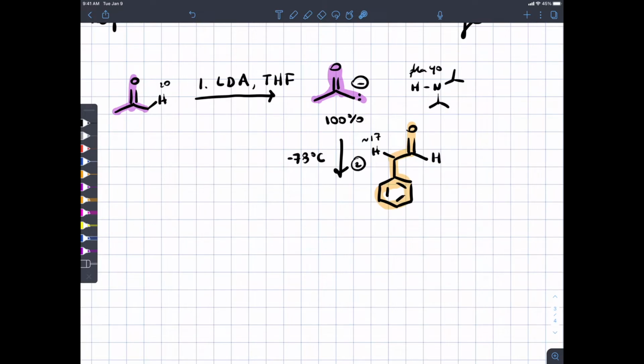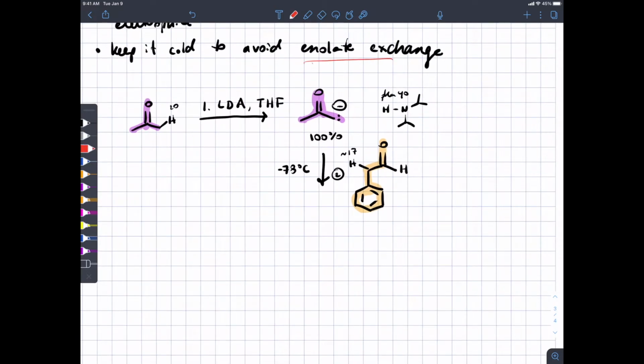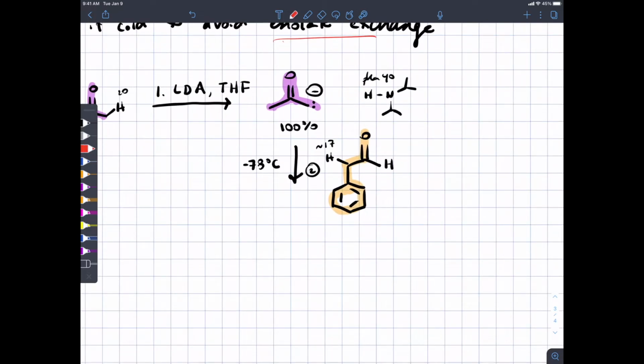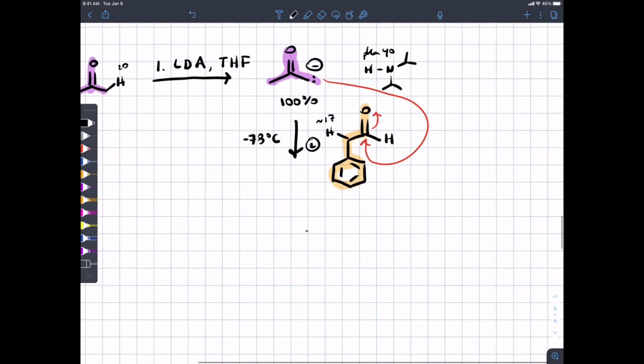So if you keep it cold enough, you can prevent that enolate exchange, wherein you deprotonate the orange aldehyde to get the orange enolate, and you have the mess. So instead, if you keep it cold and react carefully, you can get the desired aldol product where you've controlled who the nucleophile is and who the electrophile is.